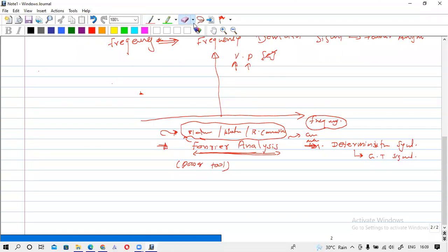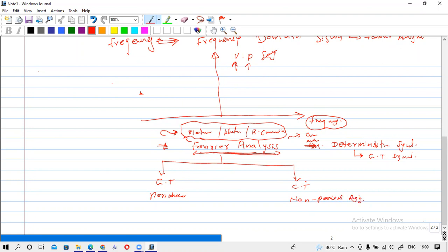So if we are talking about Fourier analysis, already I told you that we are mainly concerned with continuous time signals. We are going to analyze continuous time periodic signals using Fourier analysis, and also continuous time non-periodic signals using Fourier analysis.